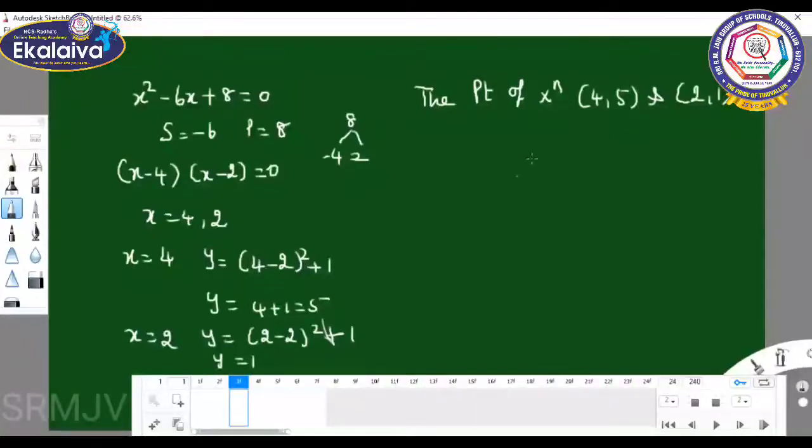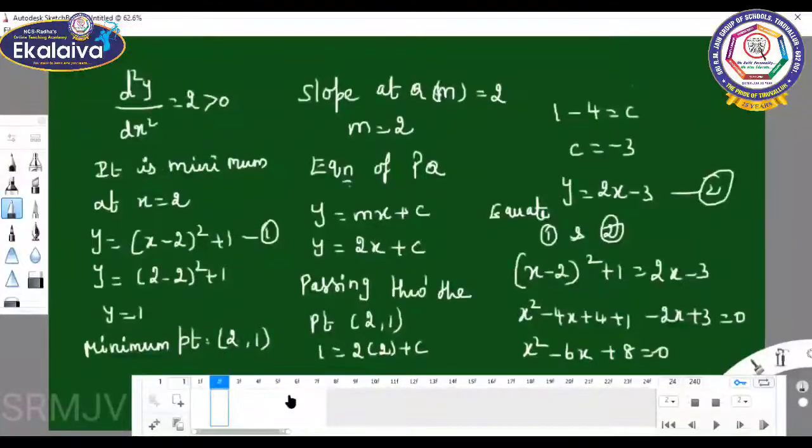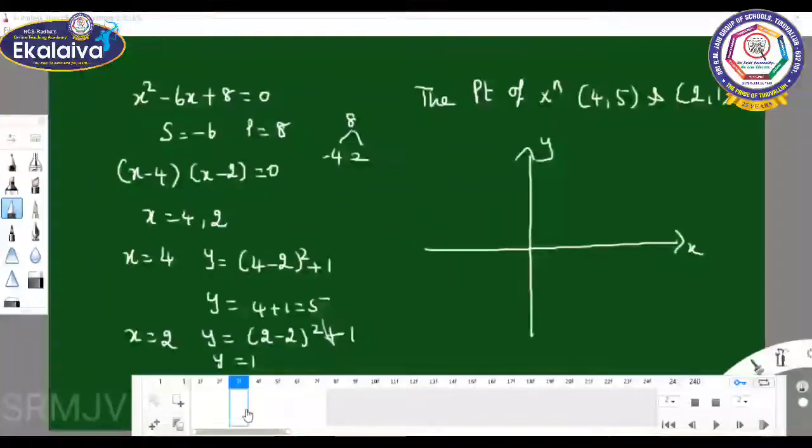See here, you can draw the diagram. It is an open upward curve, that is y equal to (x minus 2) the whole square plus 1. It is an open upward curve, so you can mark the point 1.